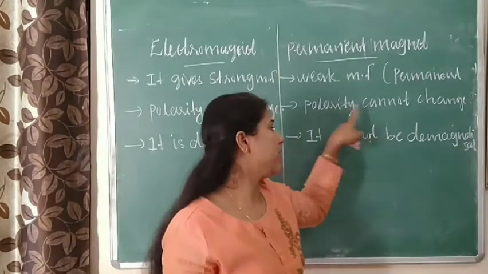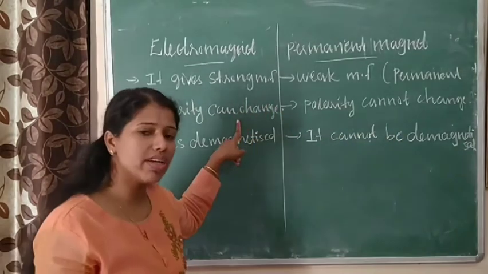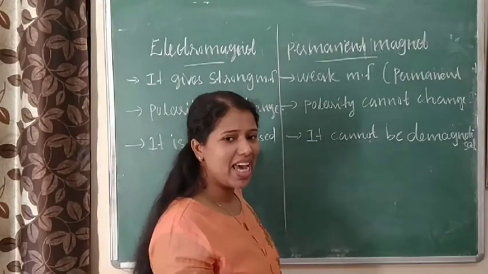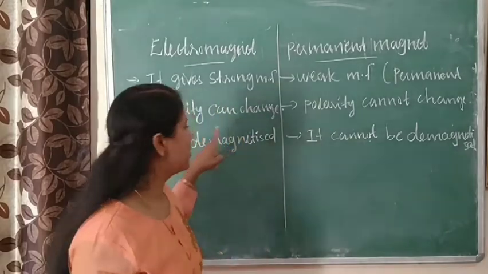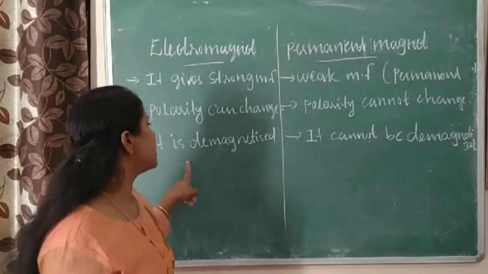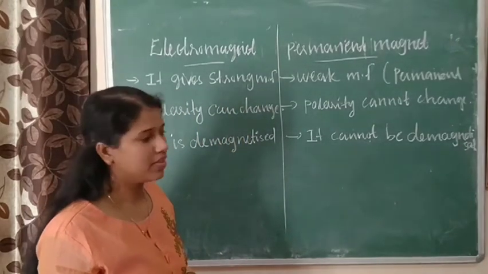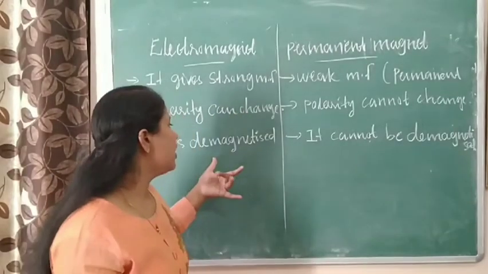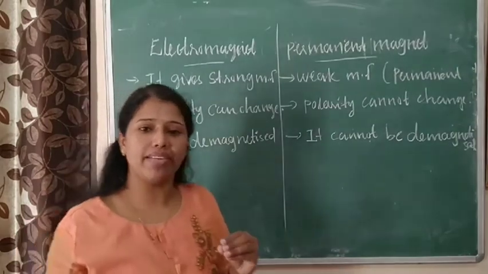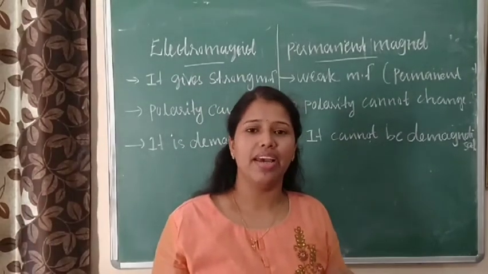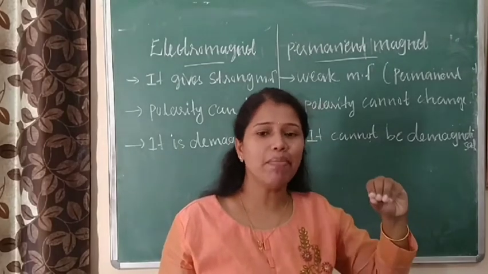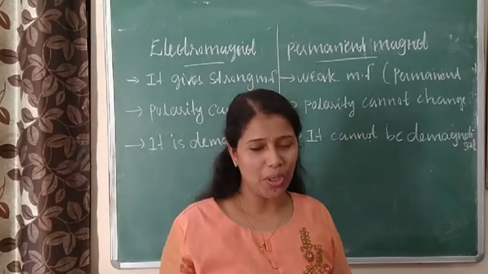Polarity cannot change. Here we can change the polarity, north to south direction, by changing the cell's positive and negative. Next, last point is it can be demagnetized. Here, why are we using the battery and key? When the key is closed, current passes through, then it magnetizes the material, making it an electromagnet.